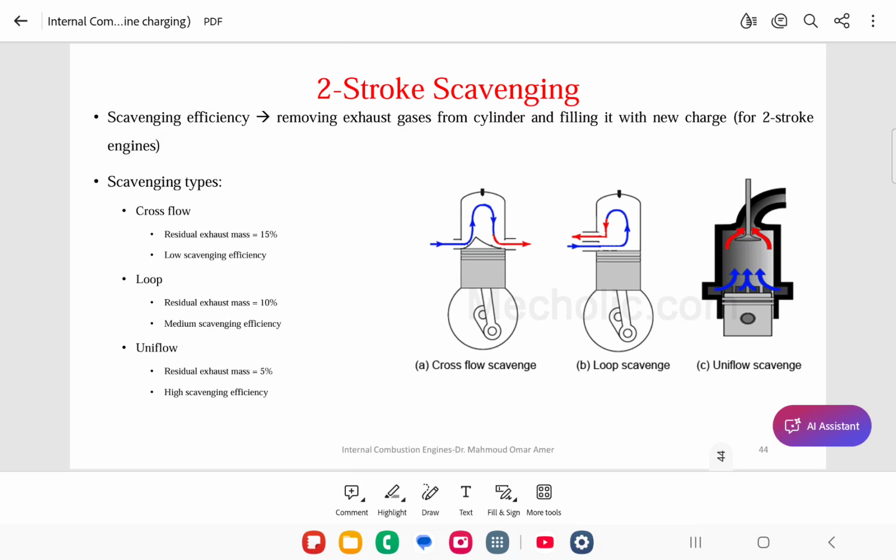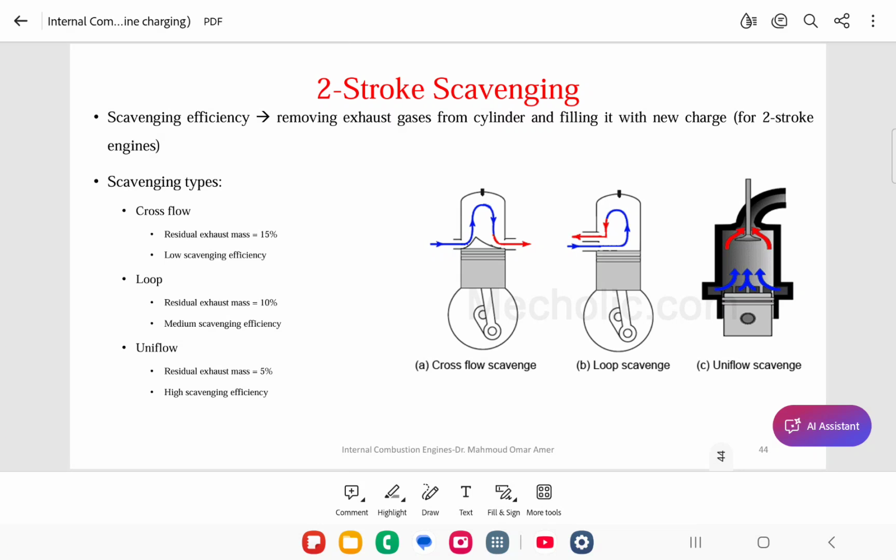The air enters the intake port with momentum and velocity, so it can't reverse right away to the exhaust. It will go to the end of the cylinder and move up and displace the exhaust out. This way reduces the residual mass to up to 10% and it has a medium scavenging efficiency.